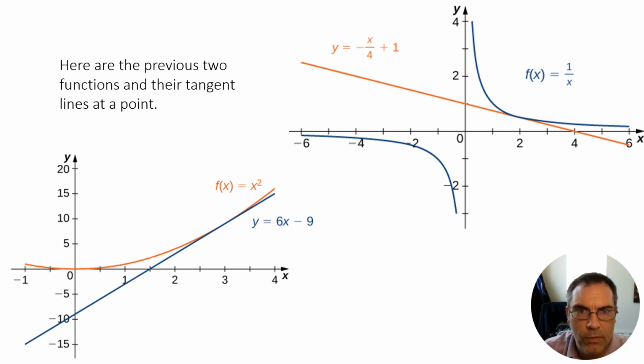And if you work out the full equation for the line, remember, it was a slope of minus 1 over 4. And then to make the tangent line go up to touch the curve, you add 1. And so we have the tangent line just touching the curve here at that point, x equals 2. So that's just visually showing you we've calculated the tangent line to these curves.